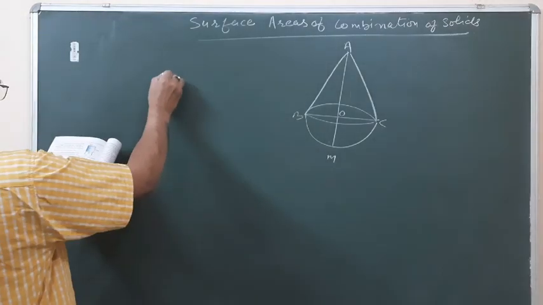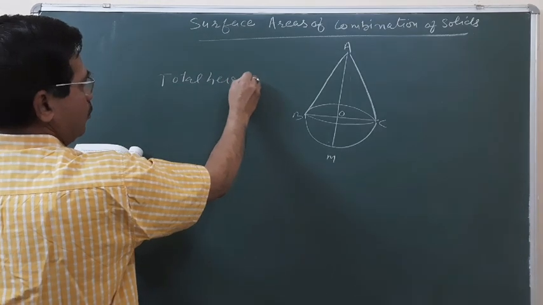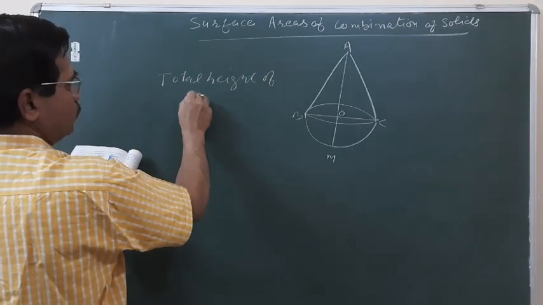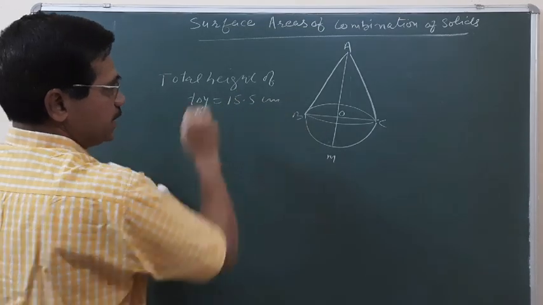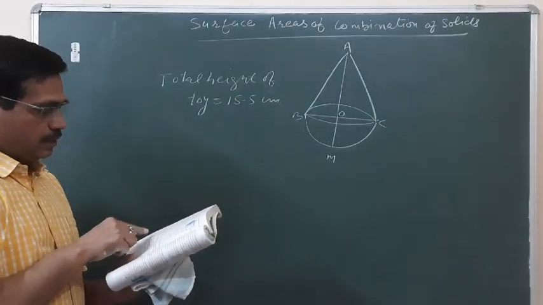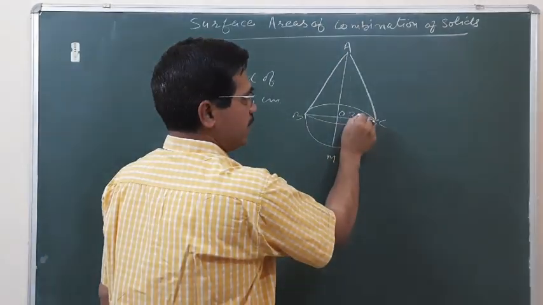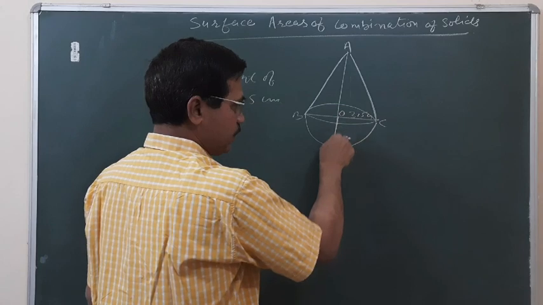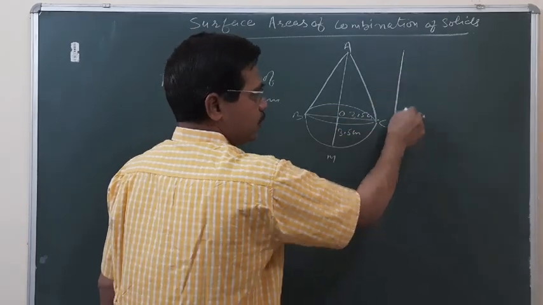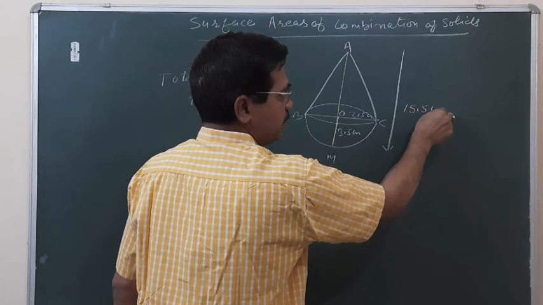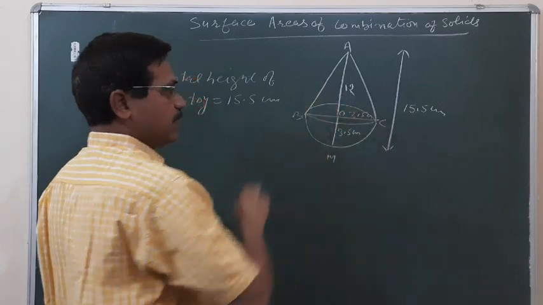The total height of the toy is equal to 15.5 centimeter, and the radius of the hemispherical part is 3.5, so it is also radius 3.5 centimeter. The total height is 15.5 centimeter. Therefore remaining height is 12 centimeter.